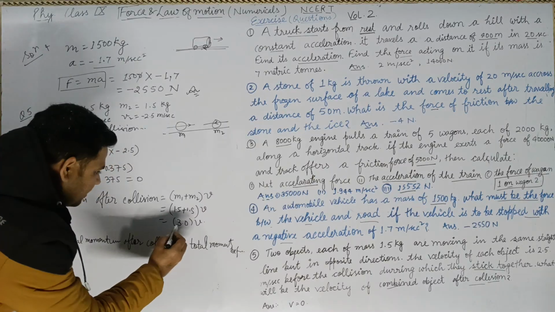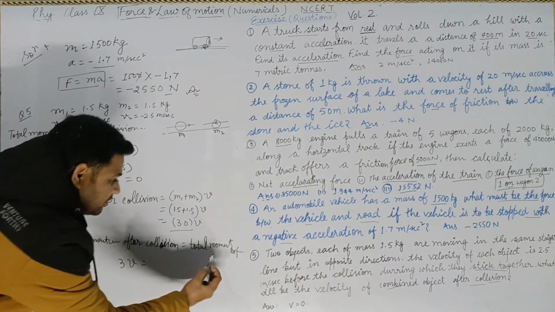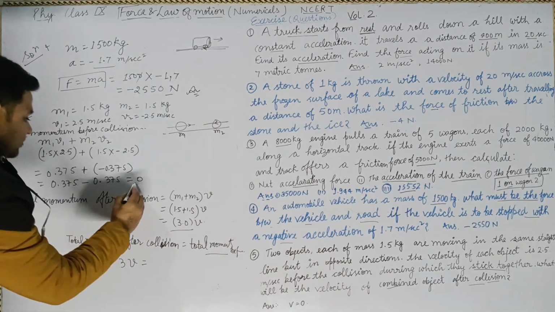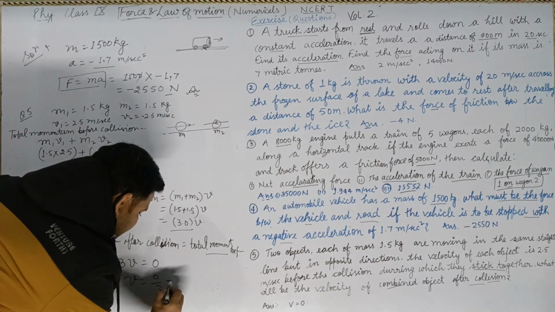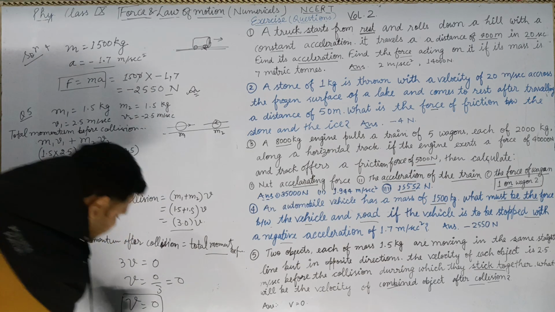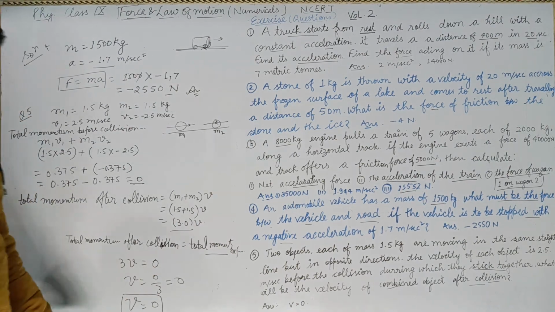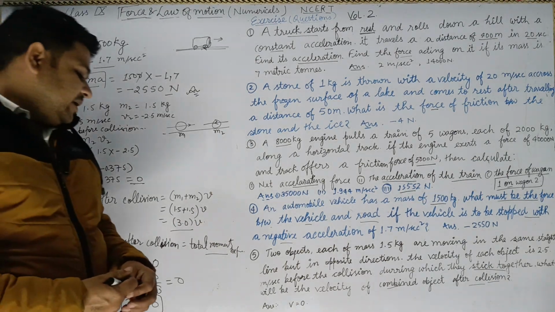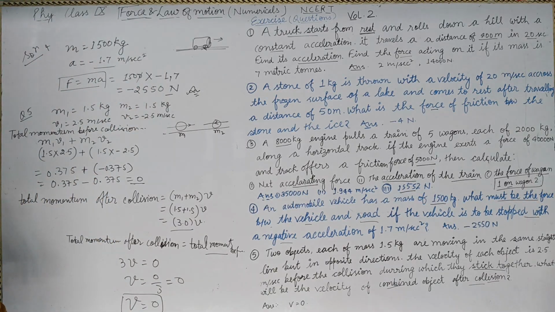Total momentum after collision, 3v, is equal to total momentum before collision. We get 0, v equal to 0 by 3, it will be 0. In this way, we find that the velocity after collision will be 0 in this condition.